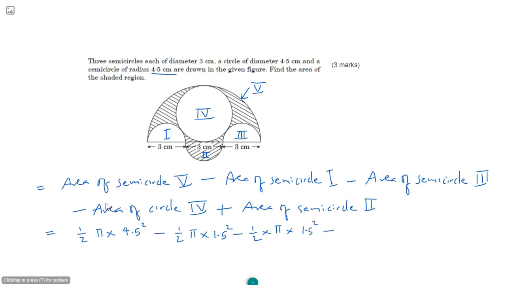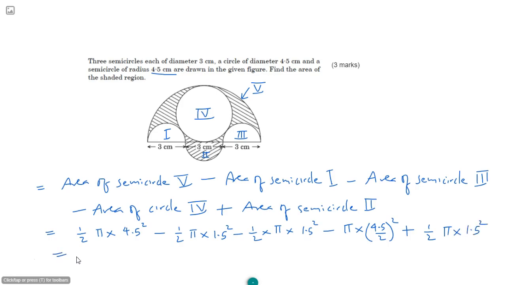Then you need to subtract area of circle, so that's pi r squared, and circle 4 has a diameter of 4.5, so the radius is going to be 4.5 by 2. And finally you have to add area of semicircle 2, so that's half pi into radius 1.5.